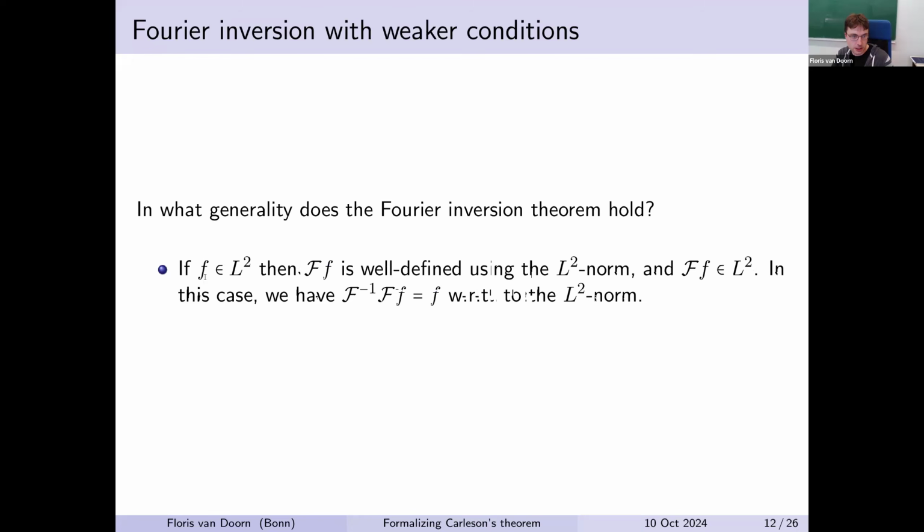So whenever you start with a function in L2, you can take its Fourier transform using these improper integrals, and that is again an L2 function. Then the inverse Fourier transform applied to that is equal to your original function with respect to the L2 norm. So this limit I showed on the previous slide should be taken with respect to the L2 norm.